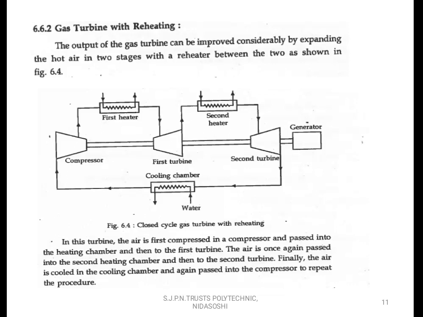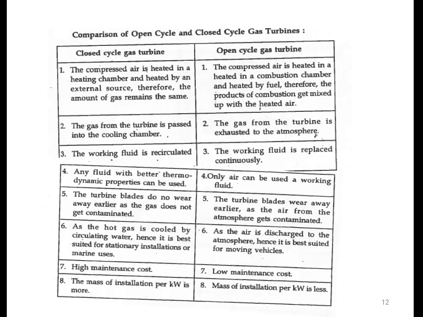Now one more important question is the comparison between open cycle gas turbine and closed cycle gas turbine. On one side you take the closed cycle gas turbine and on the other the open cycle gas turbine. In the closed cycle gas turbine, first we discuss the compressed air.